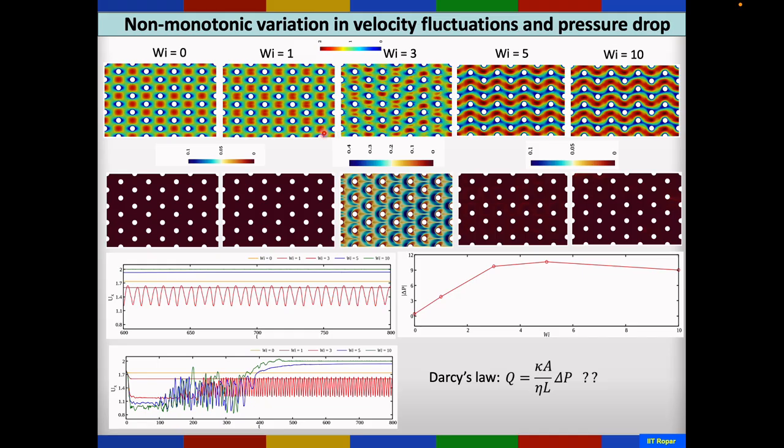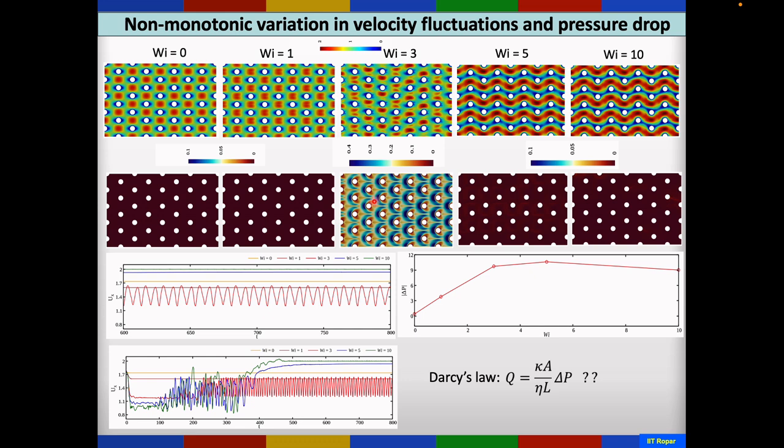Now if you plot the velocity fluctuations inside this porous media, at low values of the Weissenberg number you can see there are almost no fluctuations. But at Weissenberg number 3, you can see we have a lot of fluctuations. Once we increase the Weissenberg number further to 5 and 10, the fluctuations are suppressed.